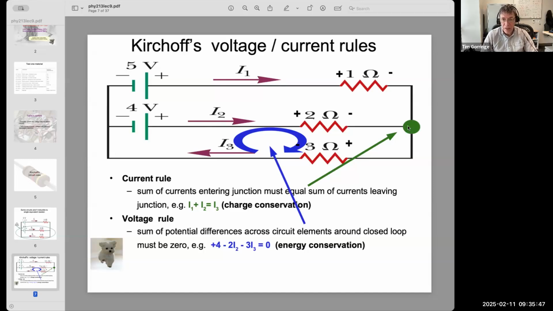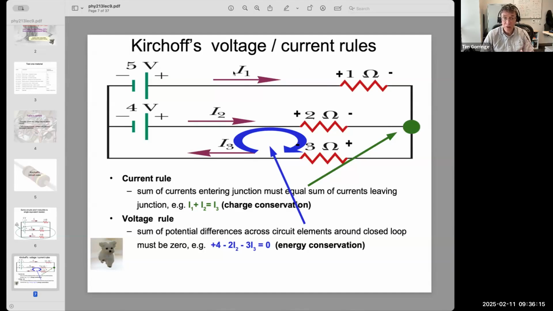So as an example, I picked this point here because if you look at the diagram, I've sketched current number 1, which is in the top arm, entering that location. I pictured current number 2 entering that location, and I pictured current number 3 in the bottom arm leaving that location.